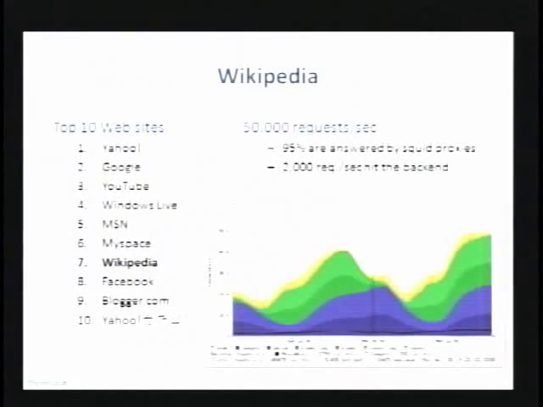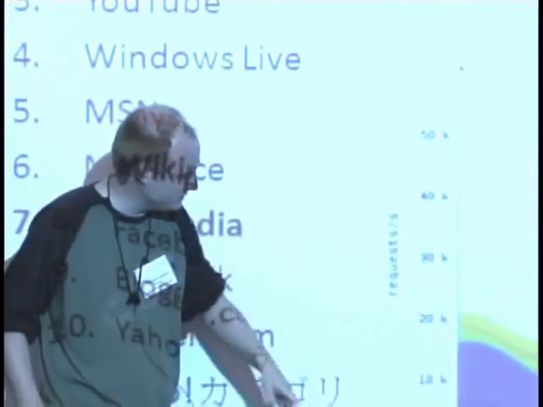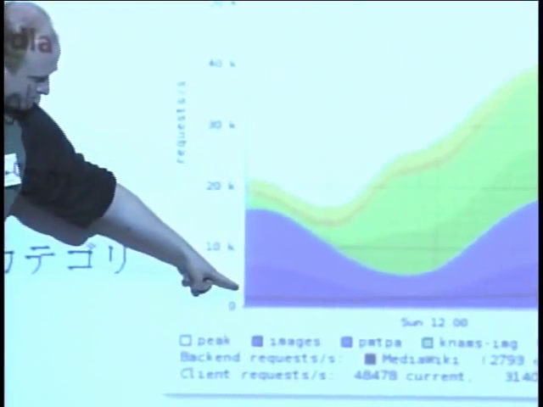And they also provide statistics about their usage. So this is a graph over, I don't know, 24 hours, how many requests they serve per second. So it went up to 50,000 requests per second. But what is most interesting for us is this black line at the bottom.